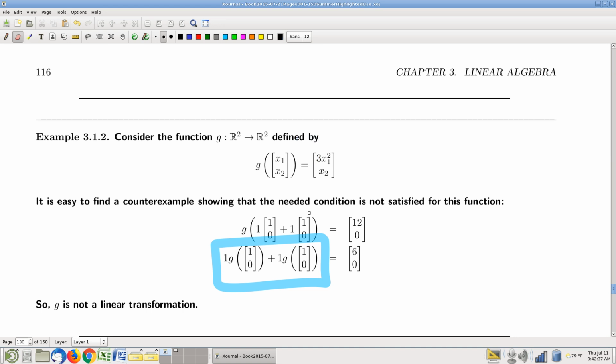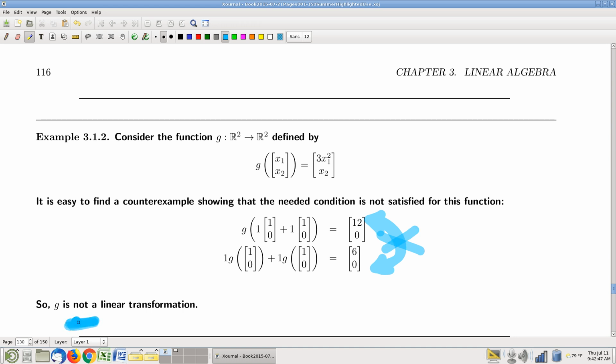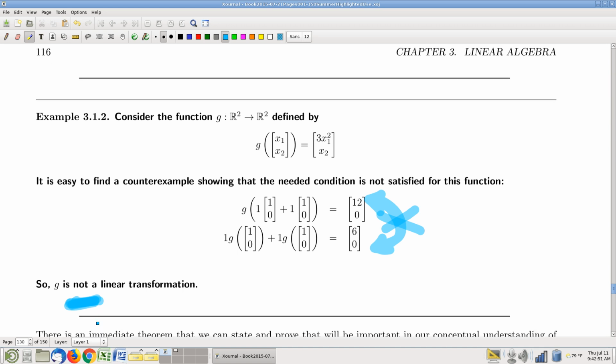And out comes 6, 0. And notice that these two things, they're supposed to be equal, are not equal, and therefore this is not a linear transformation. How are we doing? Everybody on board? Okay. Most of the time. Most functions, not linear transformations.